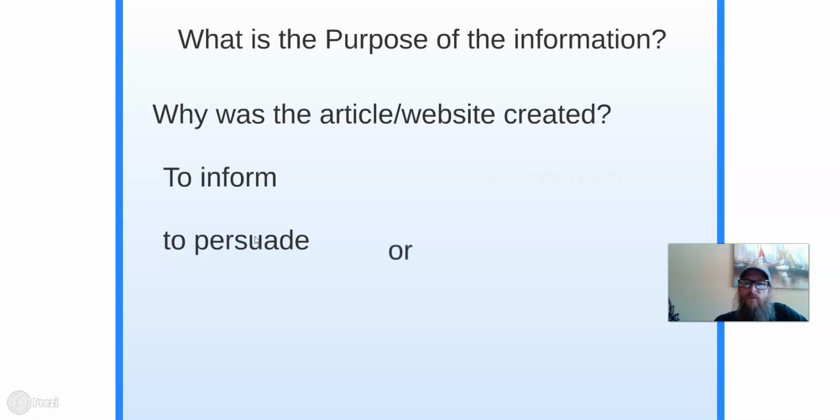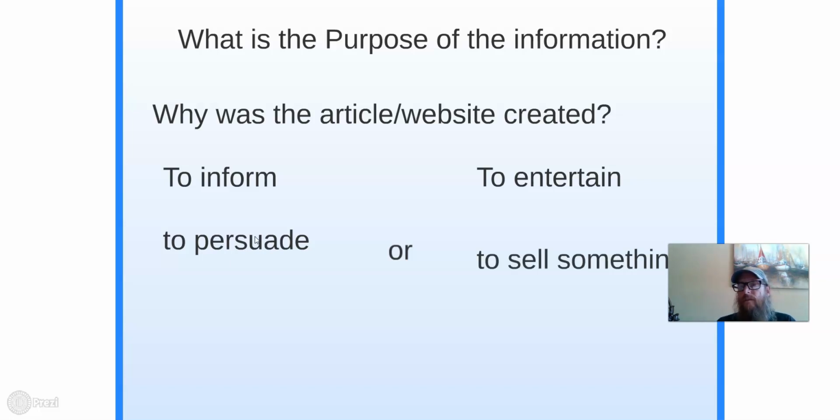So these purposes are fine, right? But when you look at those low-level sources like National Enquirer, People Magazine, they're designed for entertainment, right? This is not something you want to use with an academic reader. Beware of sites that are designed to sell something, right?